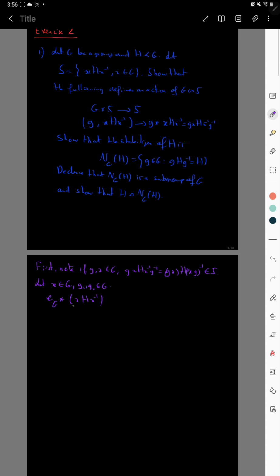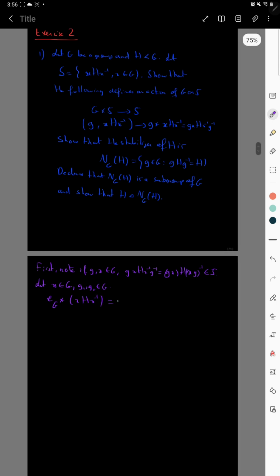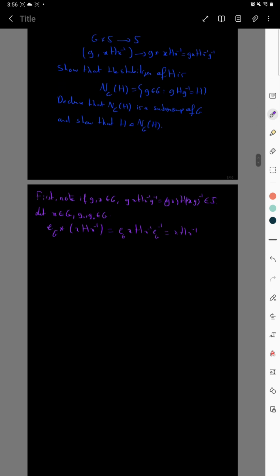This is just e x H x inverse e inverse, which is just xHx inverse. So the identity acts trivially. When you act with the identity, you don't change the element of S.